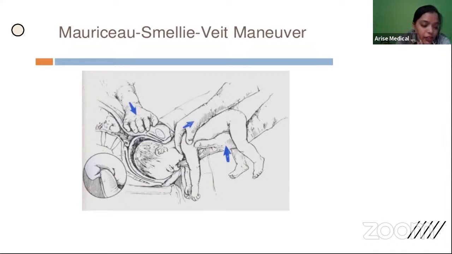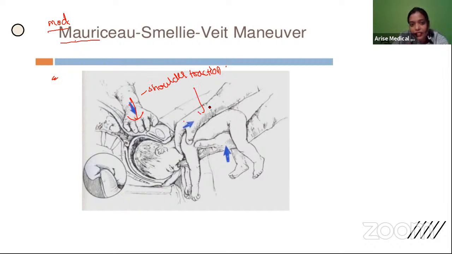So what is this maneuver called? This maneuver is called Mauriceau-Smellie-Veit maneuver. So here, modified, that too modified. What are we doing? We are giving shoulder traction. We are giving suprapubic pressure.